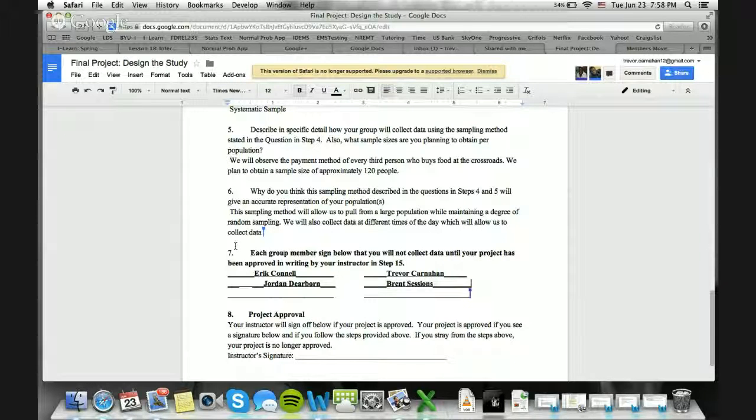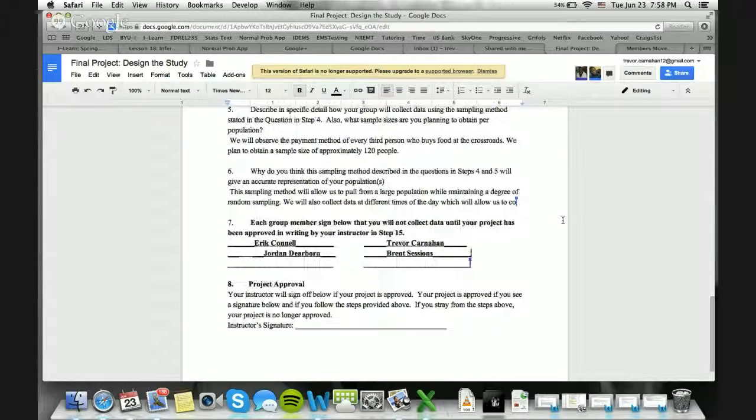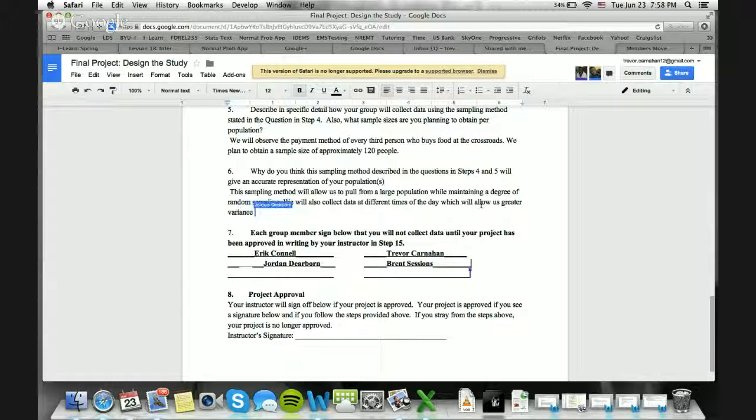So we will collect data at different times of the day, which will allow us a greater variance in the population. Okay.